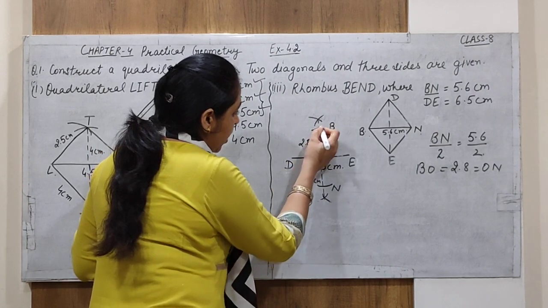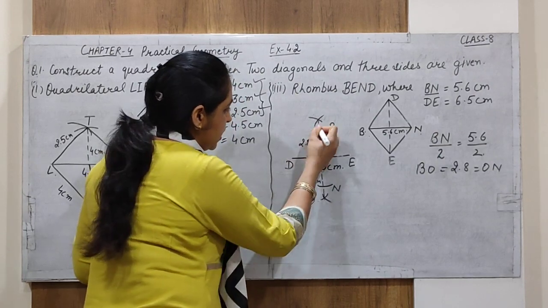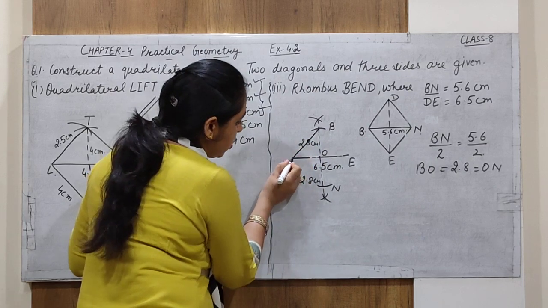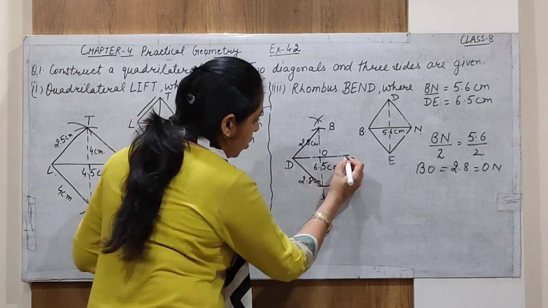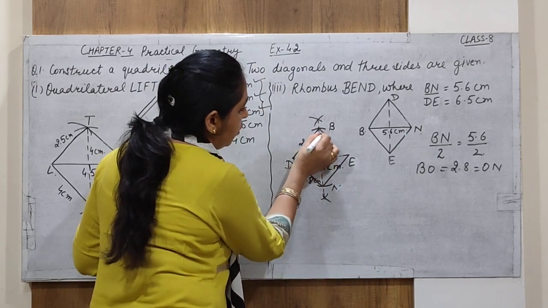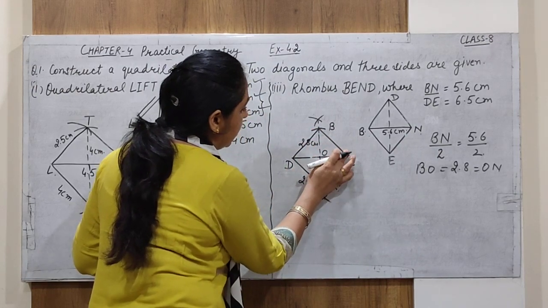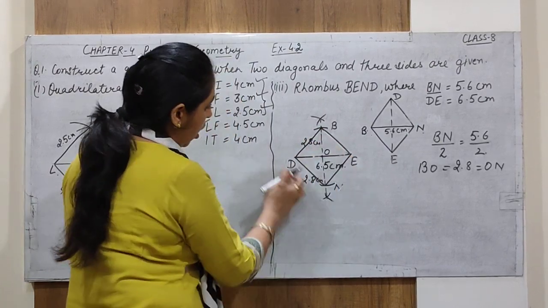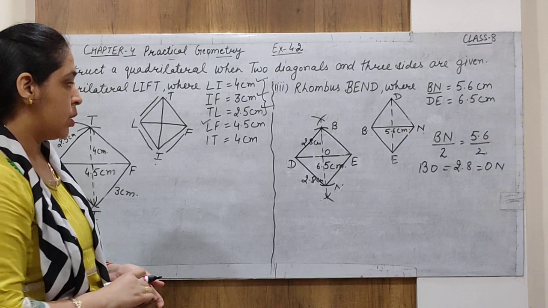Now, we join B with D and so on, so that we get a quadrilateral, and that quadrilateral is a rhombus whose all sides are equal. When you draw with the help of the scale and measurement, you get a rhombus whose sides are all equal.